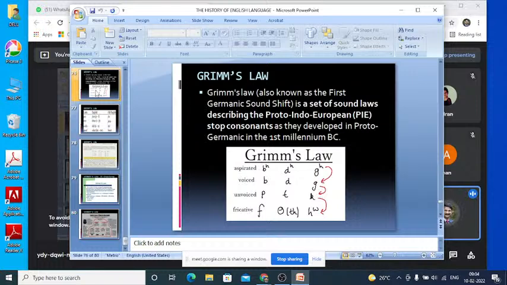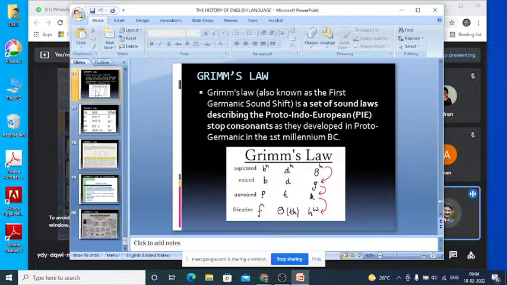Grimm says that Indo-European p became f, t became th, and k became h. And Verner said that when the accent fell on another syllable, the Germanic equivalents were different: p became b, t became d, k became g. This is what Verner said.